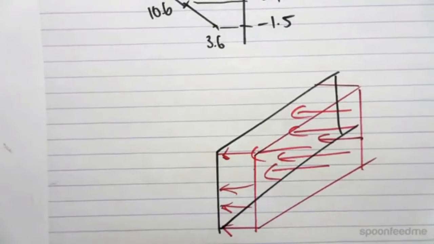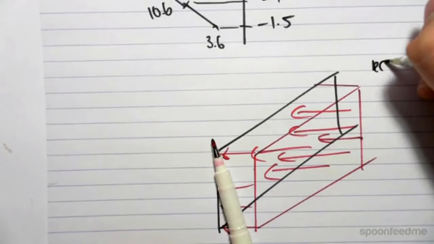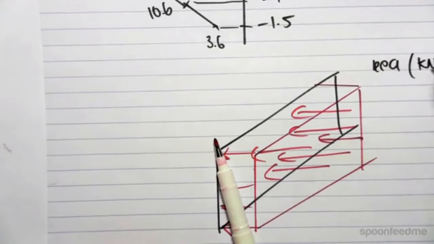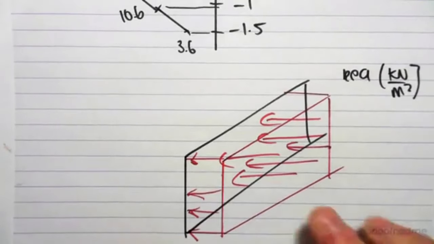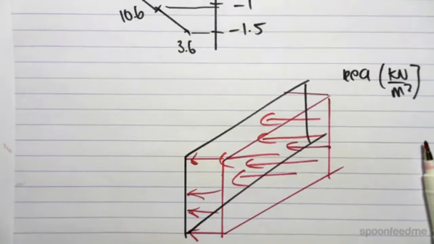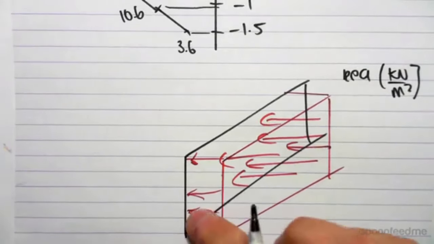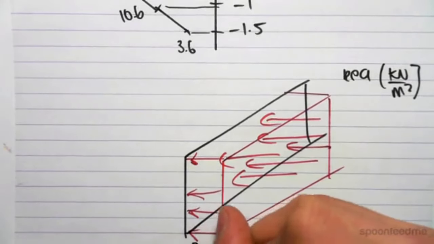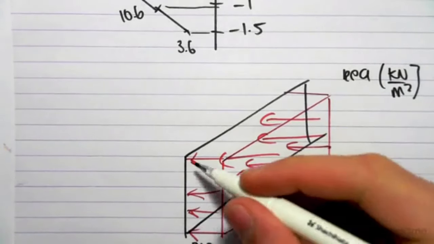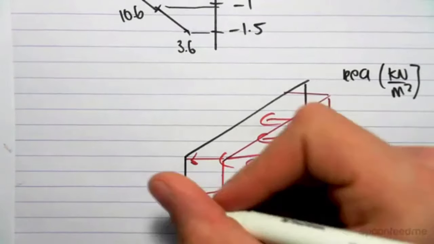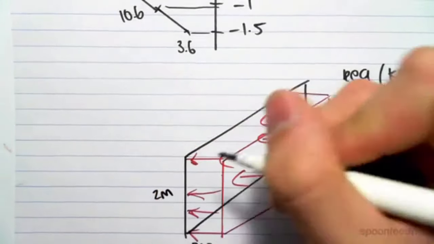Because a pressure is kPa or kilonewtons per meter squared. That's a kPa. Okay, so it's kilonewtons per meter squared. So it's a force over an area, right? So if we wanted to work out an equivalent line load, say this was 3 kPa. So we have 3 kPa acting everywhere. Okay, and say this length was 2 meters of the wall.